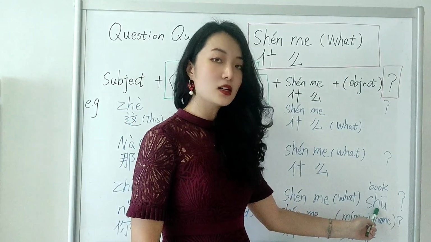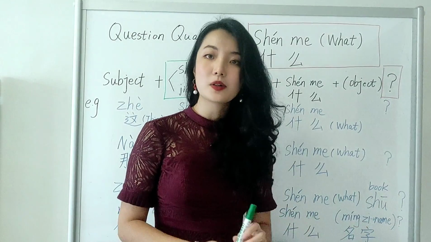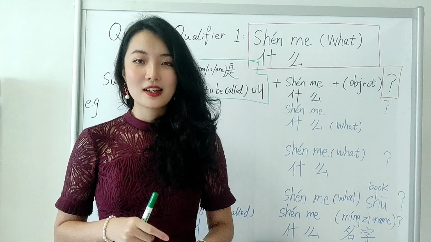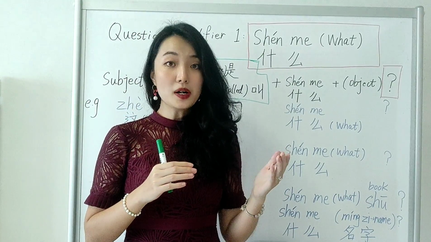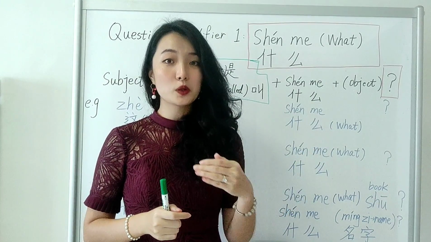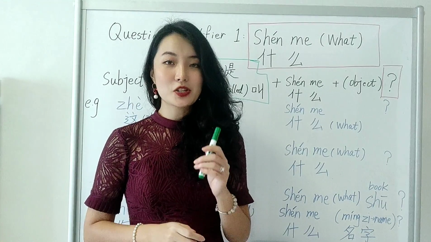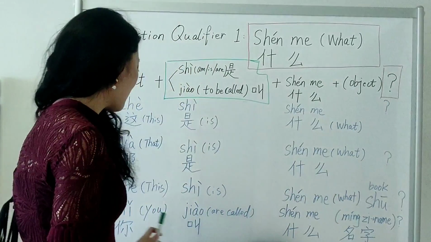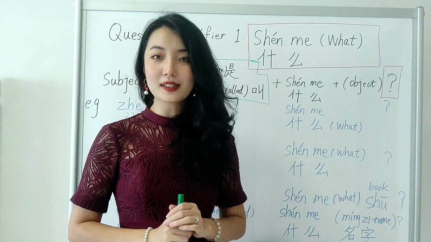And at the end, 书 means book. So in English, that means what book is this? So as you can see the difference, if you want to ask a question with what, but in a specific range, for example, what movie is this, what book is this, what beverage is this, etc., you will just need to put that range or object at the last, just like this. 这是什么书? What book is this?